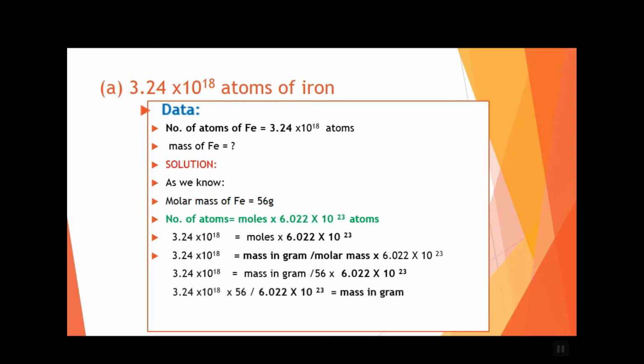So 3.24 exponent 18 multiplied by 56 divided by Avogadro's number, that is equal to the mass in gram. So by this way we get the mass of iron is equal to 3.01 exponent minus 4 gram.